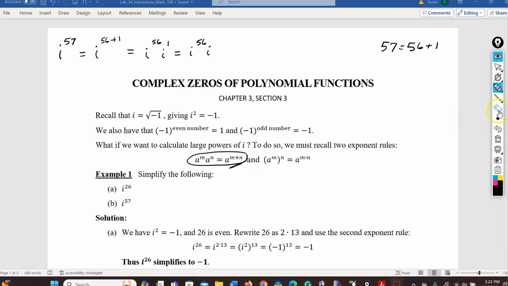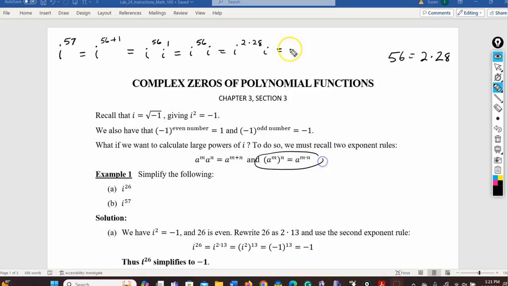Now I'm going to solve the rest of this by doing what I did in part A. 56 is even. So I can write 56 as 2 times a number, which is 28. And this i out the front is just coming along for the ride. And then now it becomes like part A. So reading that from right to left.